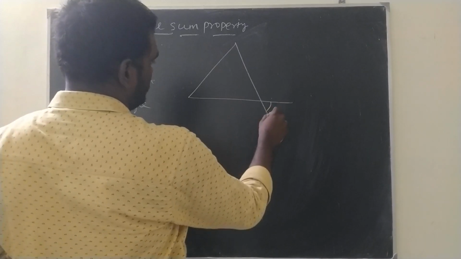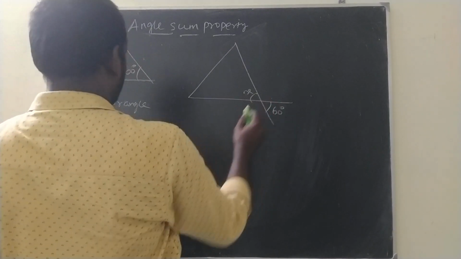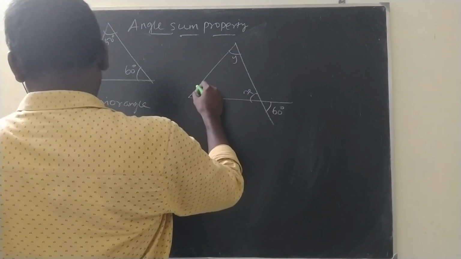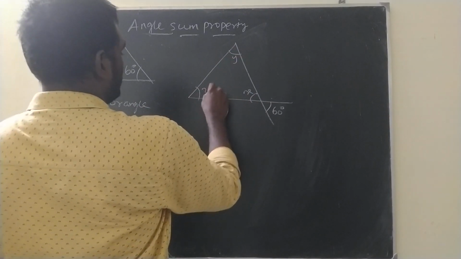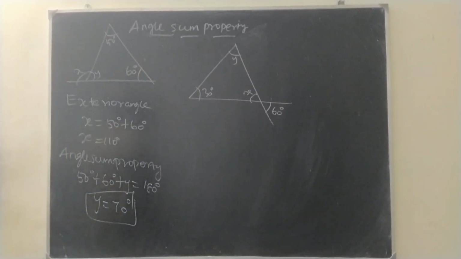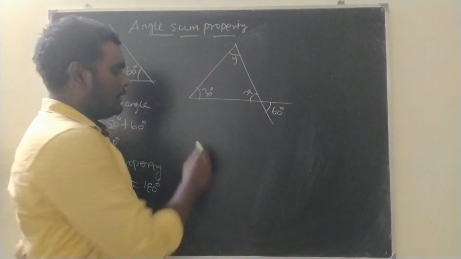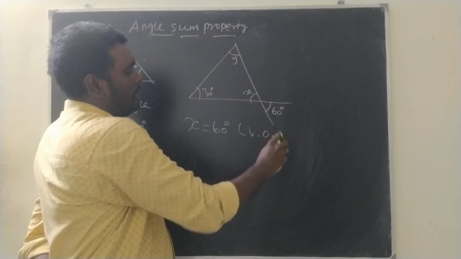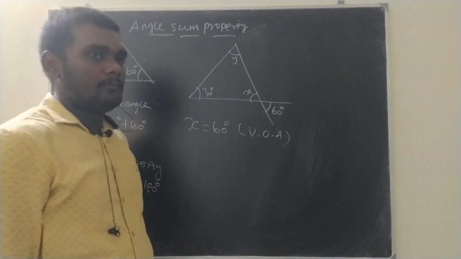See, here y, here 30. See, this x and 60 are equal because they are vertically opposite angles.